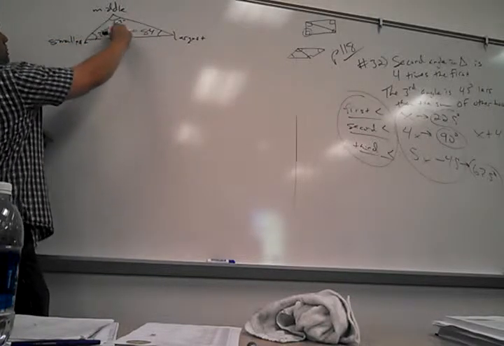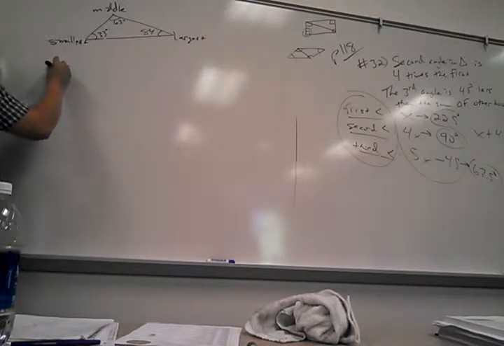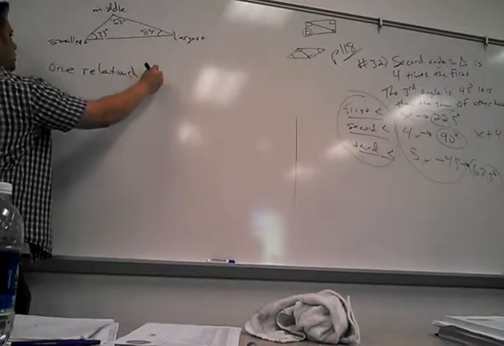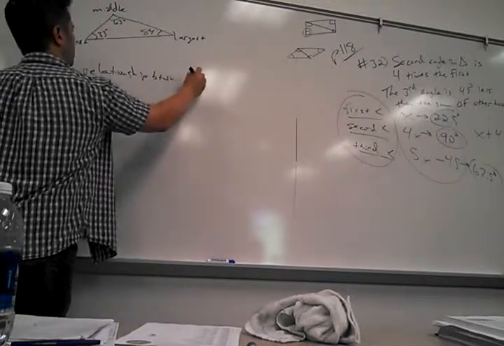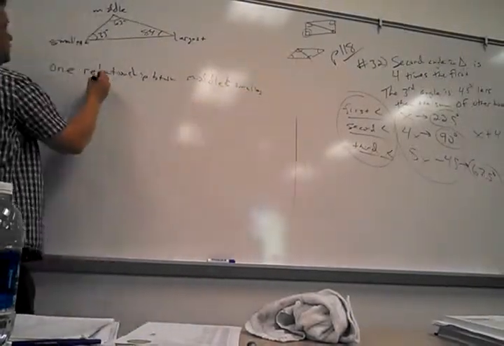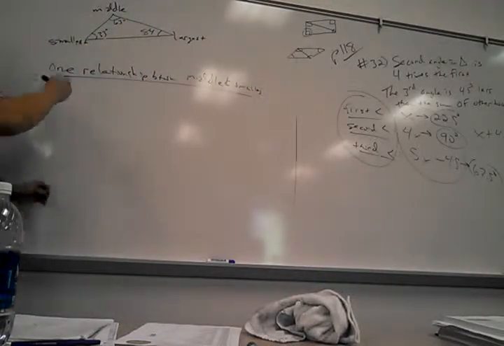What's the relation between the middle and the smallest? 30. I love it. So one relationship between the middle and the smallest, and the most direct one, is that the middle is 30 more than the smallest, right?